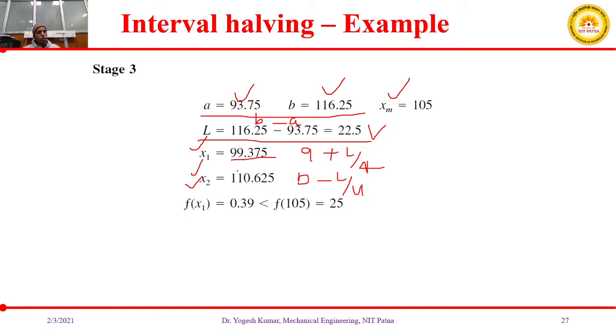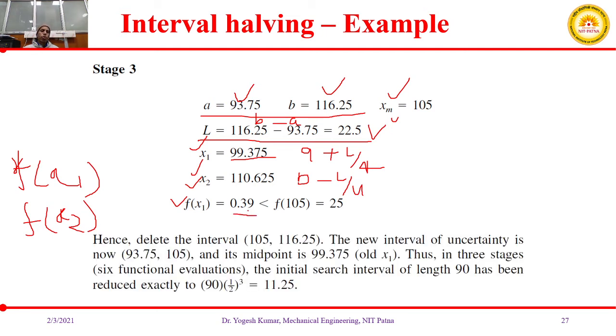Okay, so these are the new values of your x1, x2 and xm. So what we will do now, we will again calculate the value of the function at x1 and at x2. So let us calculate the value of fx1.